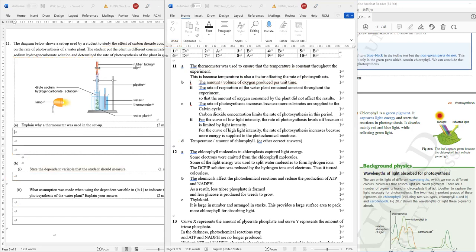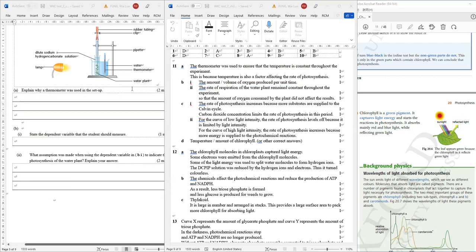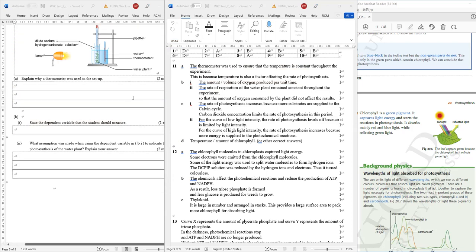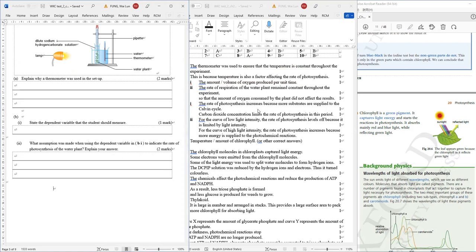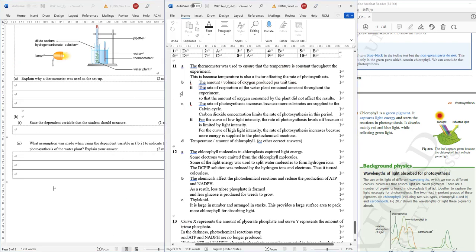Part B2. What assumption was made when using the dependent variable to indicate the rate of photosynthesis? In this assumption, just now we measured the amount of oxygen produced. We measure how much oxygen is produced.